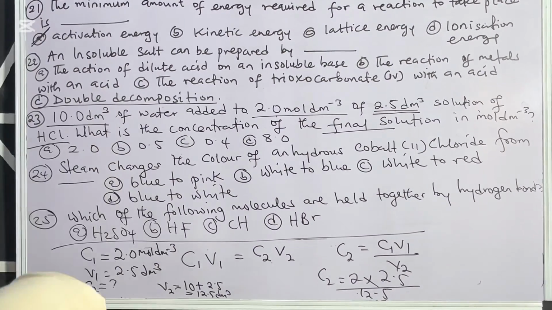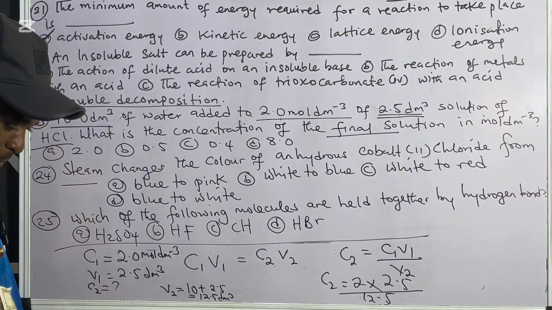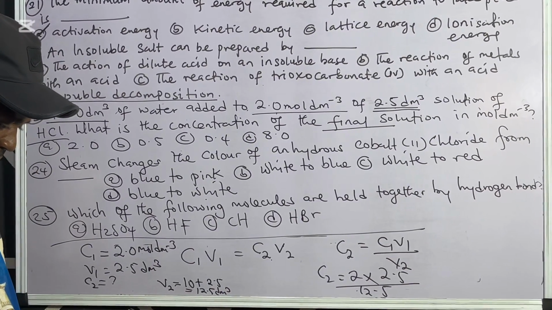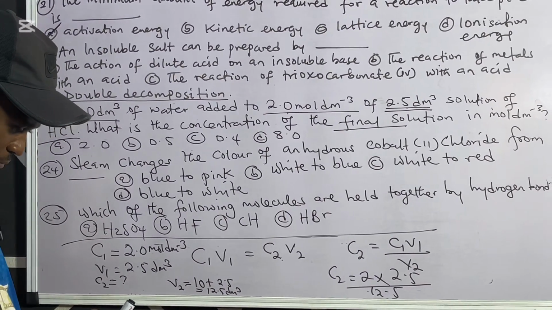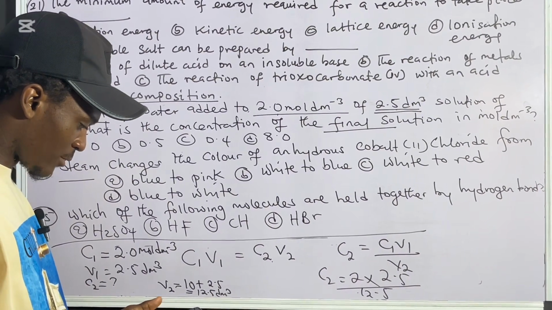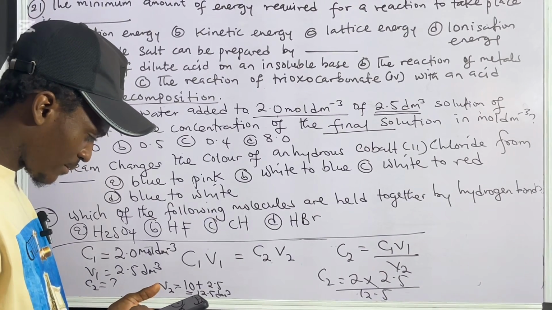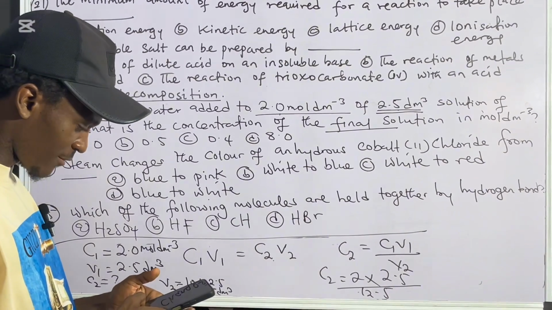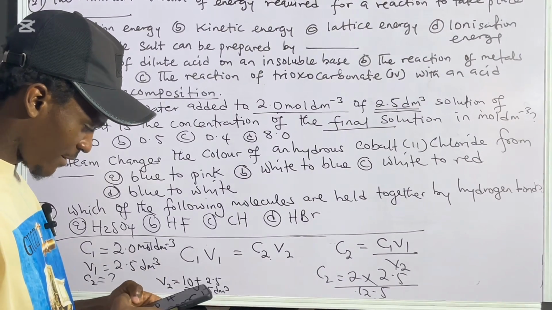So with the help of our calculator, we can easily obtain our answer. So working with our calculator to get our answer now, we should be having 2.5 times 2, then divided by 12.5.